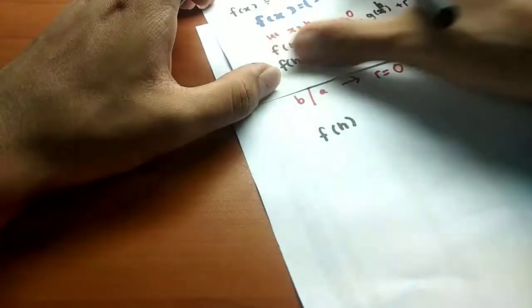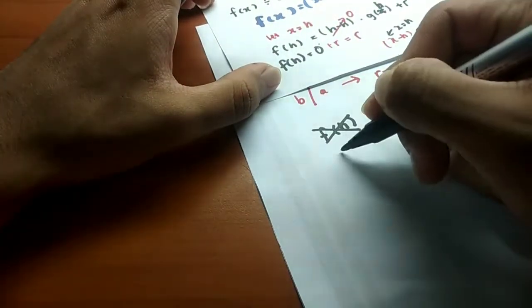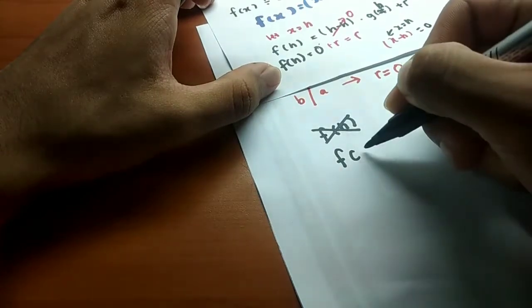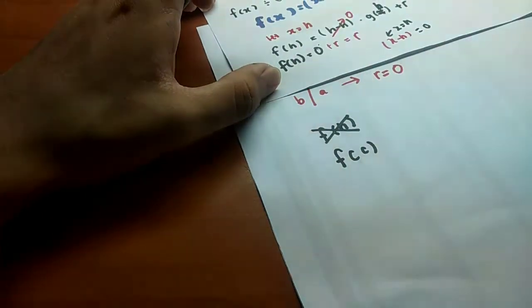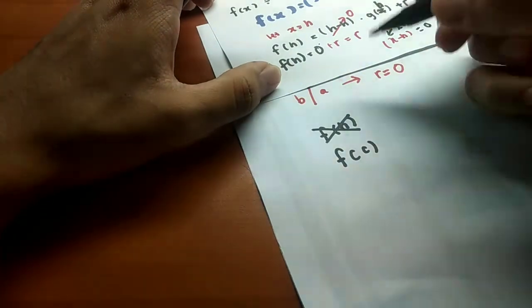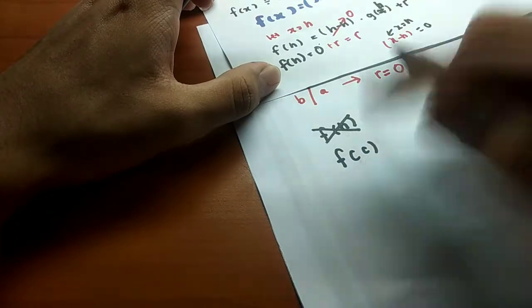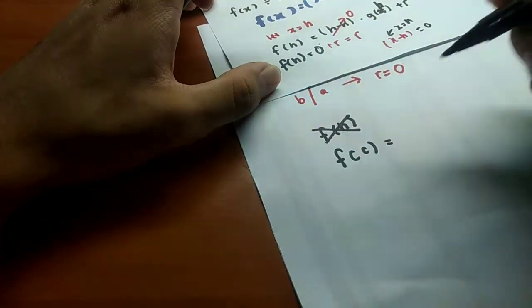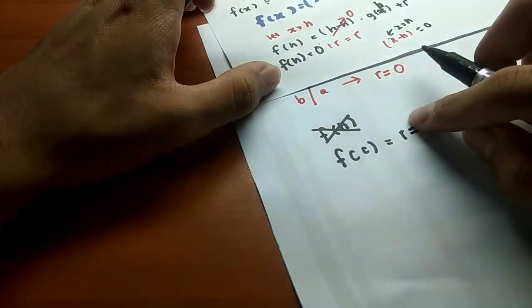Okay, maybe this will confuse you. So f of, for example, f of c. So c can be anything, 1 2 3 4 5 6 7. When we substitute f of c, we will get r equals to 0 or simply 0.